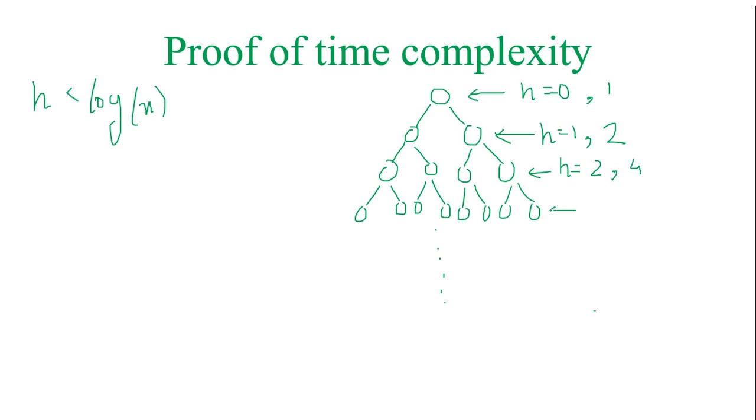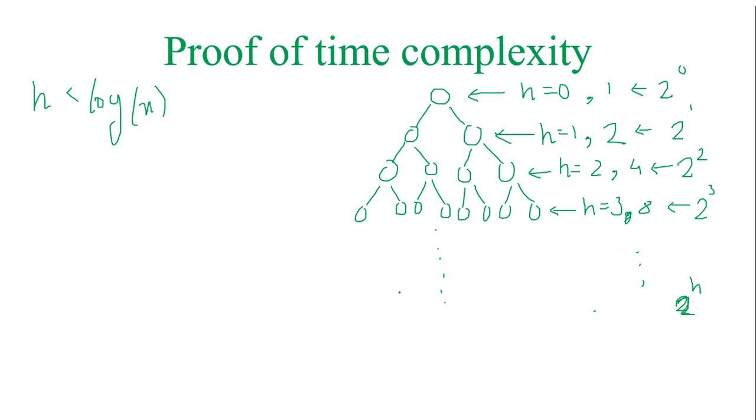At height 3, the number of nodes is 8. So here I can say the number of nodes is 2 power 0. Here it is 2 power 1. Here it is 2 power 2. Here it is 2 power 3. And so it will go on up to 2 power h, correct, where h is the height of the tree.